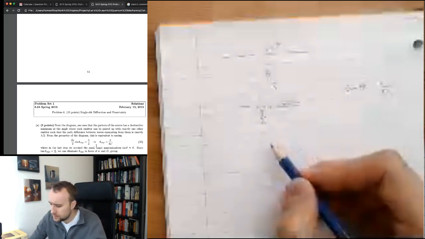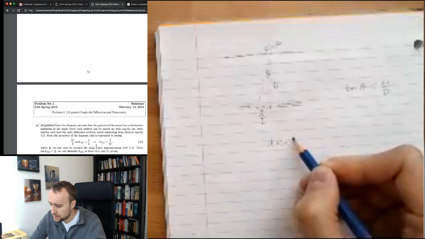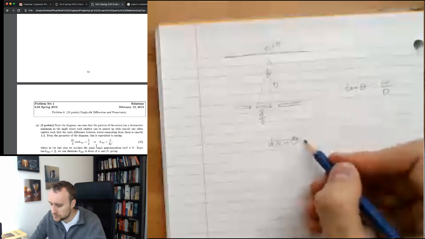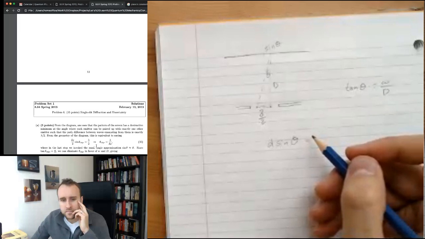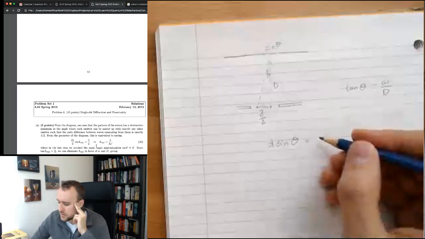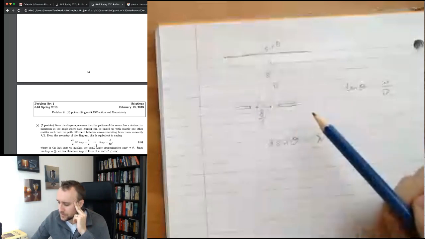It was d sine theta is equal to lambda over 2. This was the original formula for our diagram.